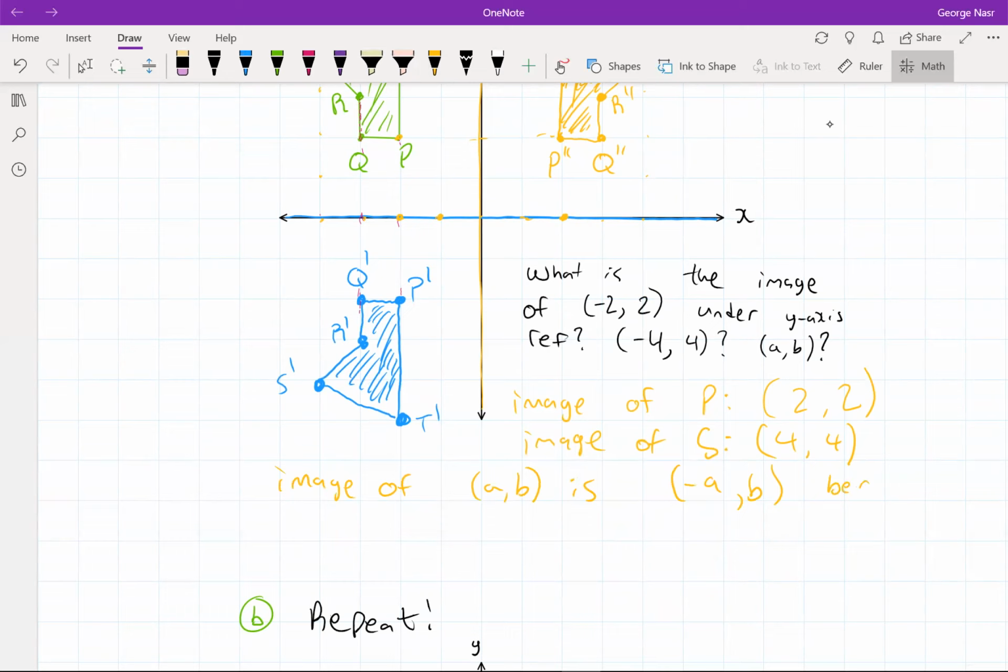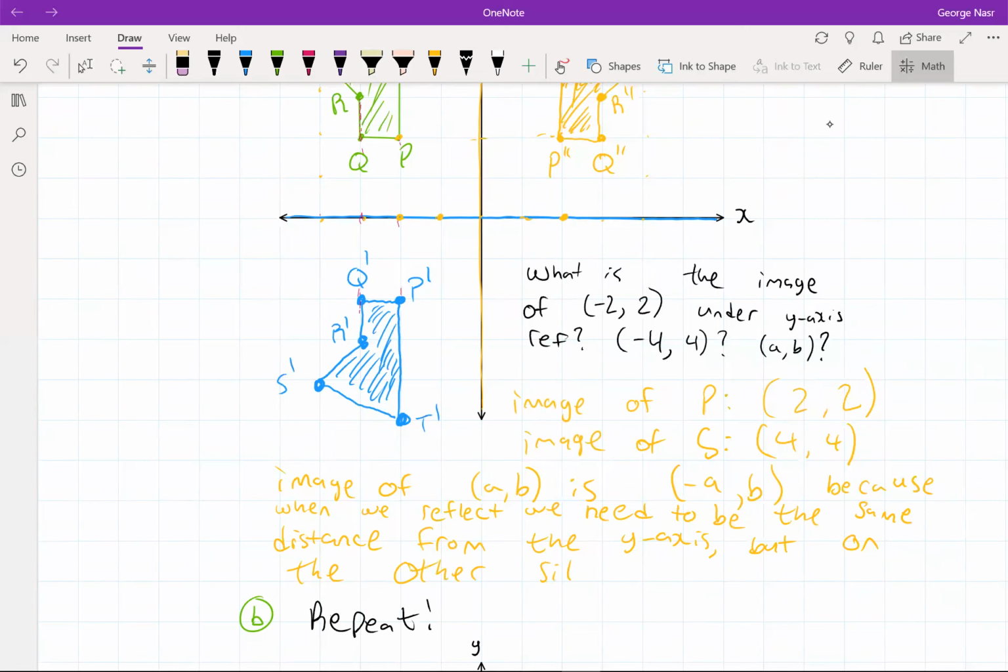This is because when we reflect, we need to be the same distance from the y-axis, but on the other side. That's an explanation for why it should be negative AB.